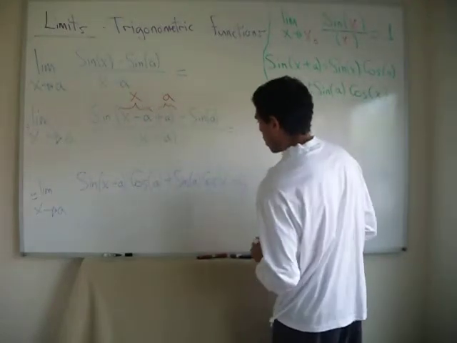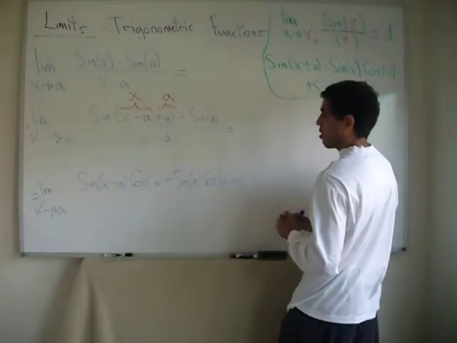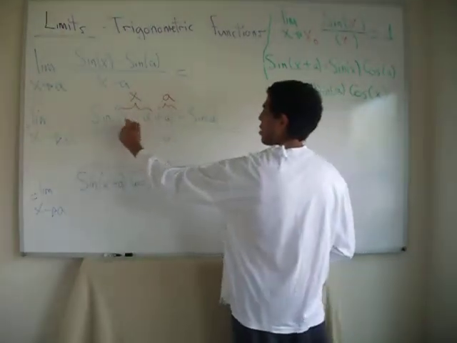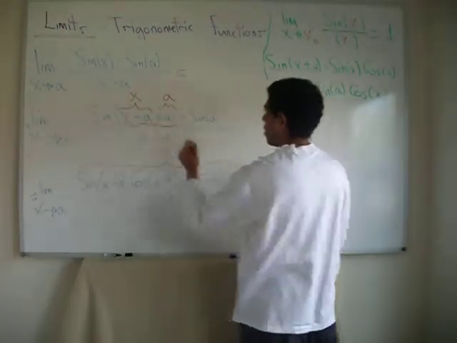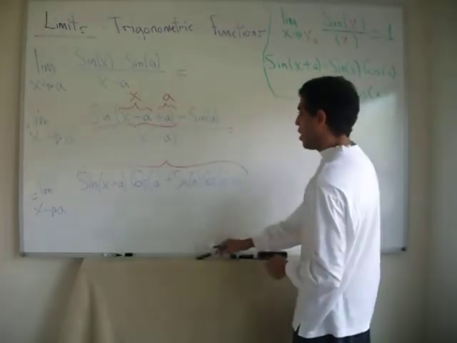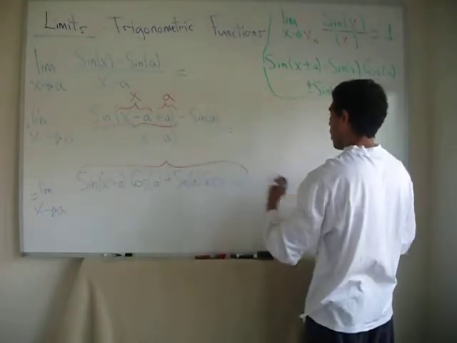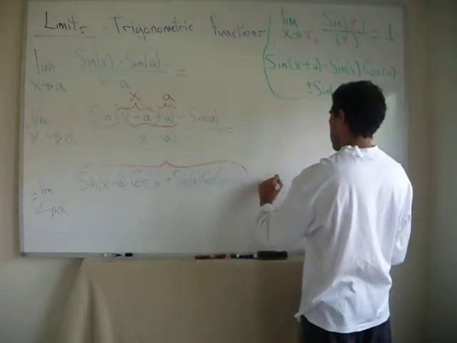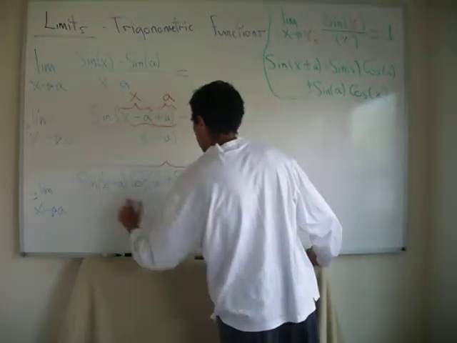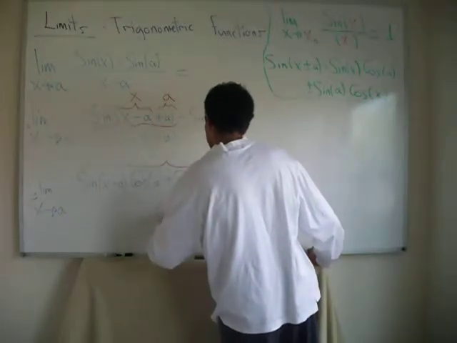This is this being expanded with this property, okay? And then, of course, minus sin of a, all of this over x minus a.